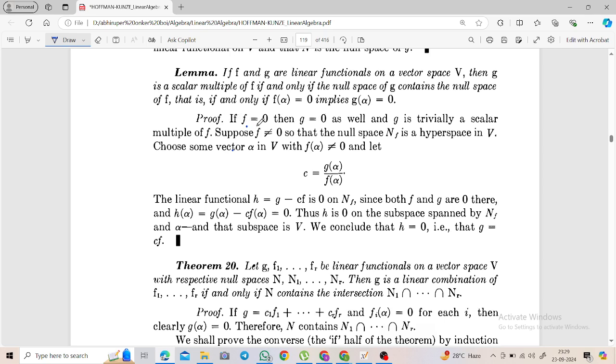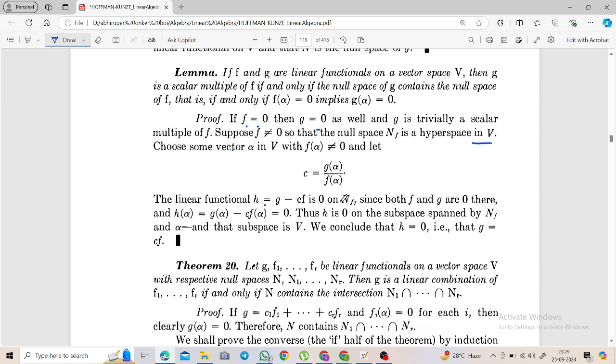If f is 0, then g is 0, then of course the null space is the whole domain. If f is non-zero, so N_f is a hyperspace in V. Choose some vector alpha in V such that f(alpha) is not equal to 0, so alpha is outside N_f. Now they are writing c equals g(alpha) by f(alpha). The linear functional h equals g minus cf is 0 on N_f.